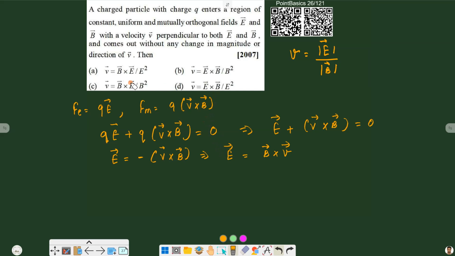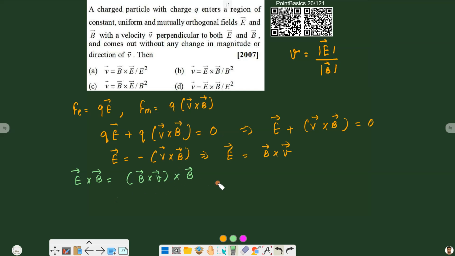In some options we have E cross B, and in some options we have B cross E. So what we will do here, we will take the cross product of both sides with B. So it comes out to be E cross B on the left hand side, and on the right hand side B cross V cross B.